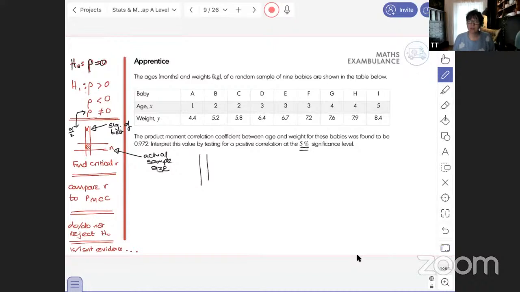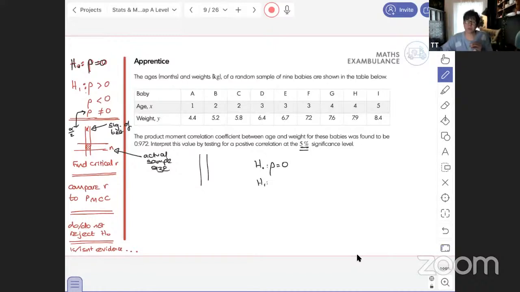Super fast. H0 is rho equals 0, always. H0 is rho equals 0. H1, what is the claim? What are they claiming? What do they think? What are we testing for? Do we think that there is correlation? That's either way, just it's not naught.